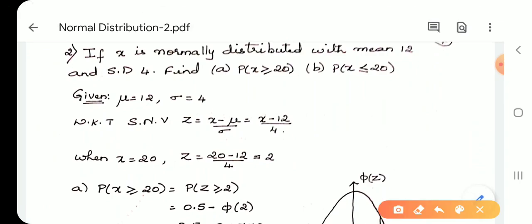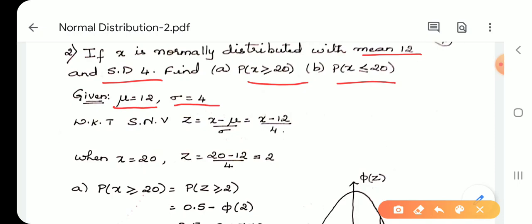If x is normally distributed with mean 12 and standard deviation 4, find P of x greater than or equal to 20 and P of x less than or equal to 20. Here, let us first write what is given. Mean is given, which is nothing but mu, and standard deviation is given by sigma. Sigma is equal to 4. In the previous problem, we did it directly since z was given.